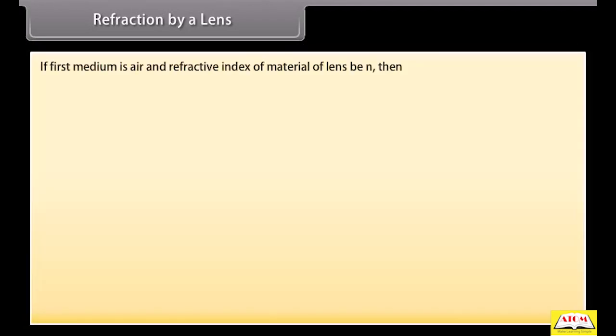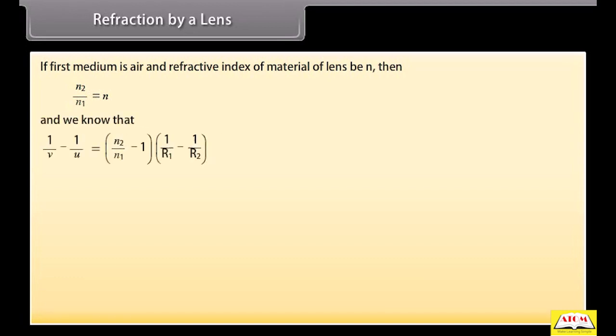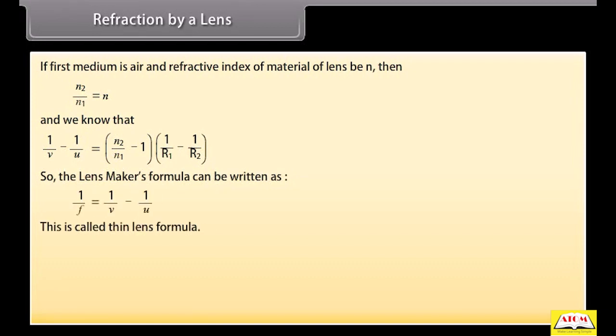If the first medium is air and refractive index of material of lens be n, then N2 upon N1 is equal to n. And we know that. So the Lensmaker's Formula can be written as. This is called thin lens formula.